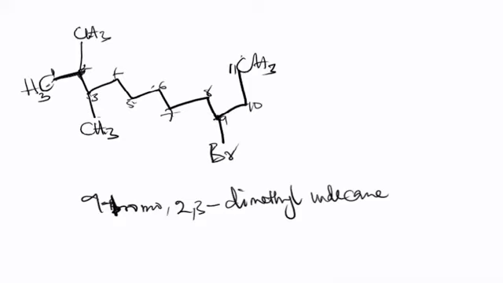So, for instance, in our previous example here, we have 2,3-dimethyl. So it occurred 2 times at the carbon 2 and at the carbon 3. So we have methyl at the carbon 2, we have methyl at the carbon 3. So making it 2,3-dimethyl.